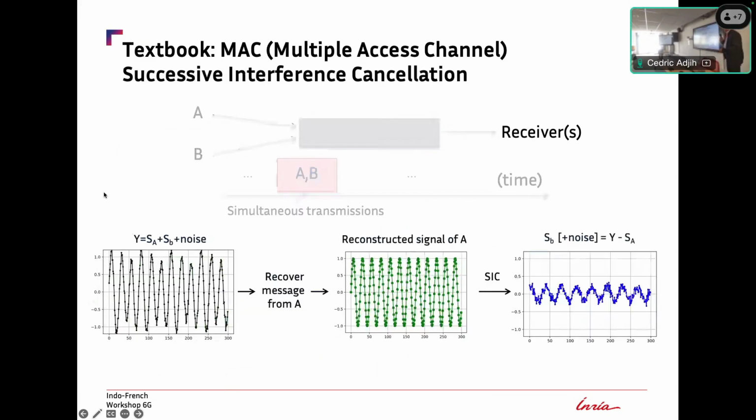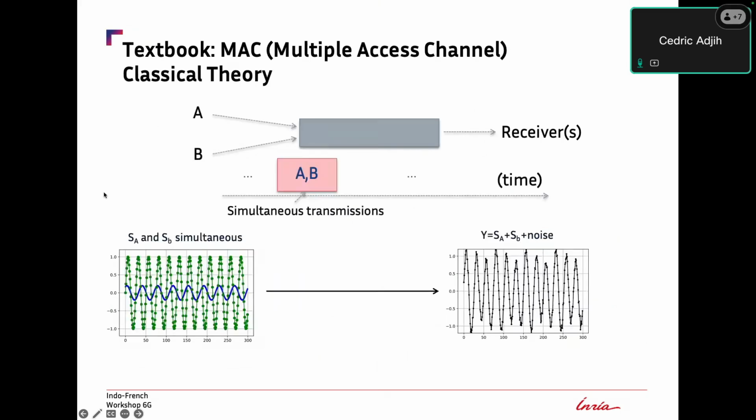So you assume, for instance, that you have two users, A and B, that transmit at the same time on the same resource. You have a power imbalance, so one user is transmitting with much higher power, and then you can use a normal decoder to recover the packet. Then you can reconstruct the signal of the user that you have decoded.